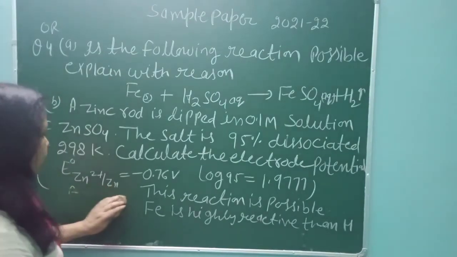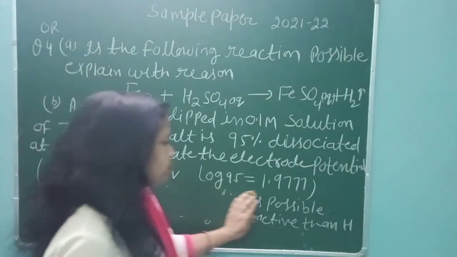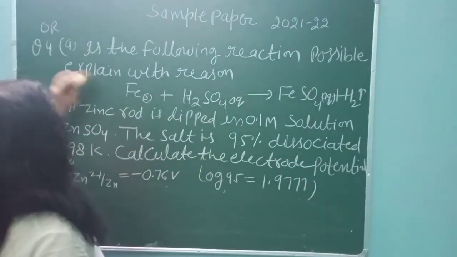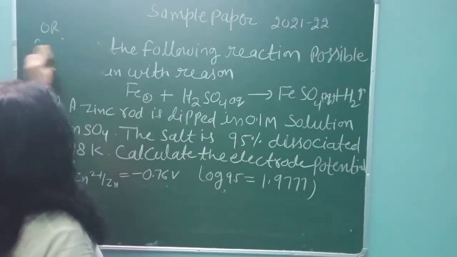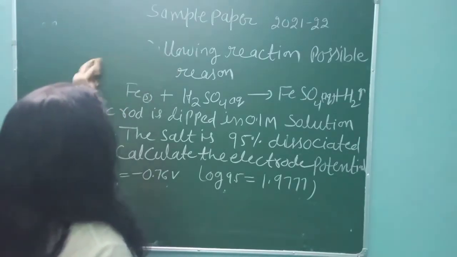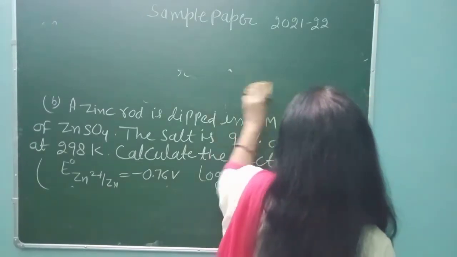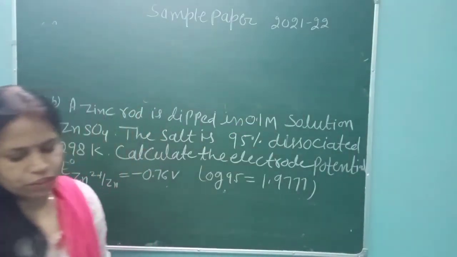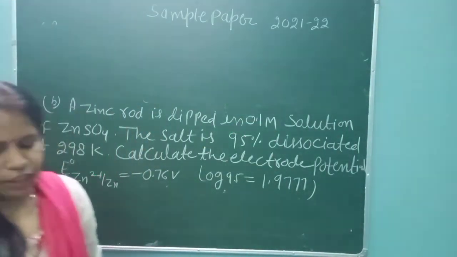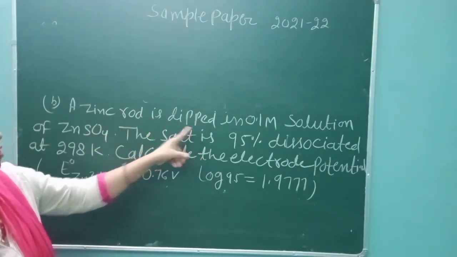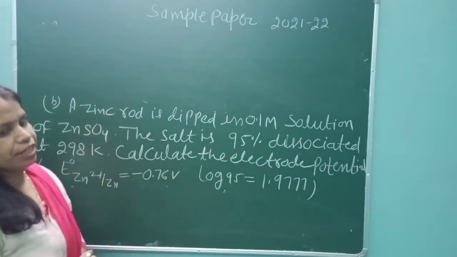Now let's see the second question. How to explain the second question? What is the second question? The electrode reaction: a zinc rod is dipped in 0.1 M solution of ZnSO4.